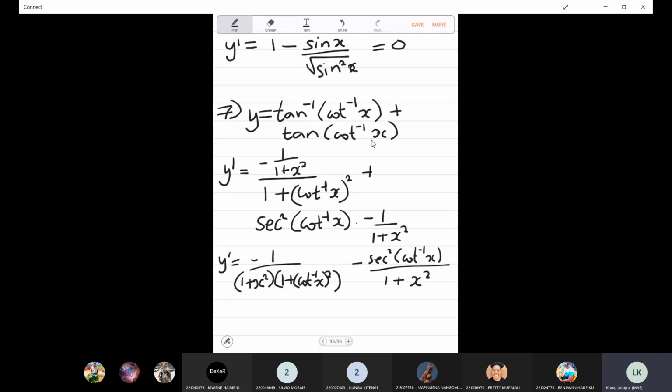Then number 9. If y is equal to sine inverse of x e to the power of x.